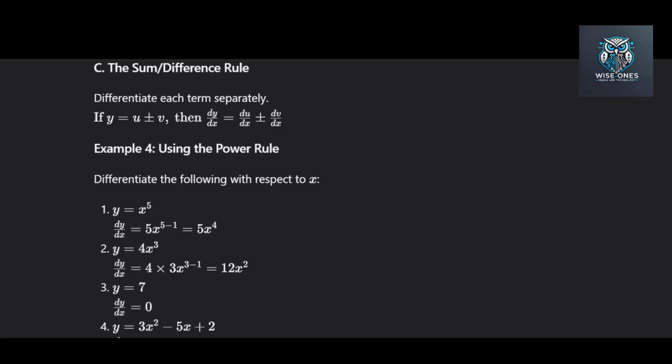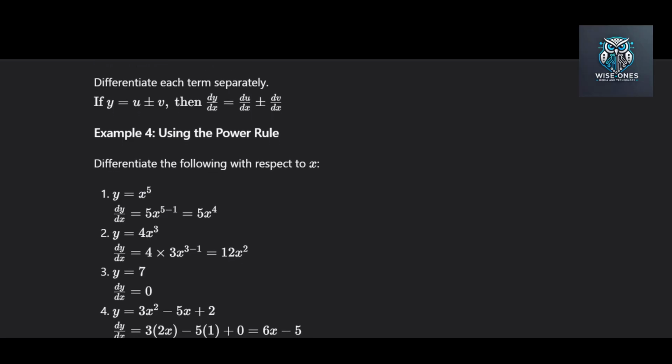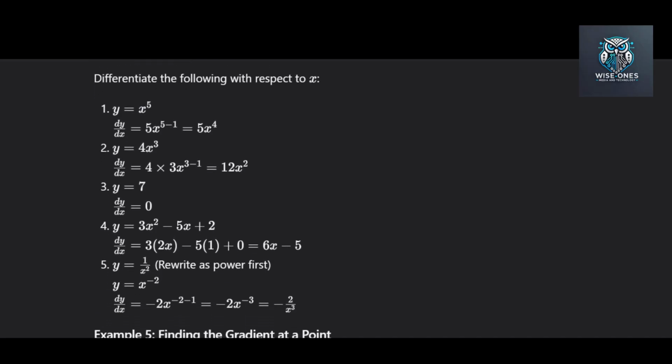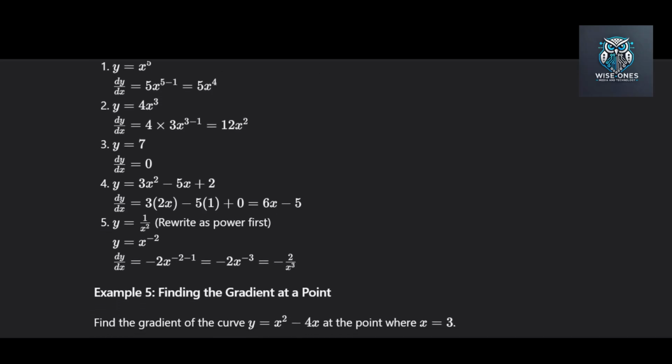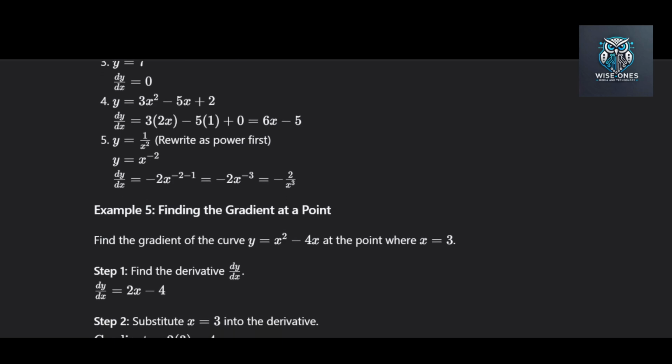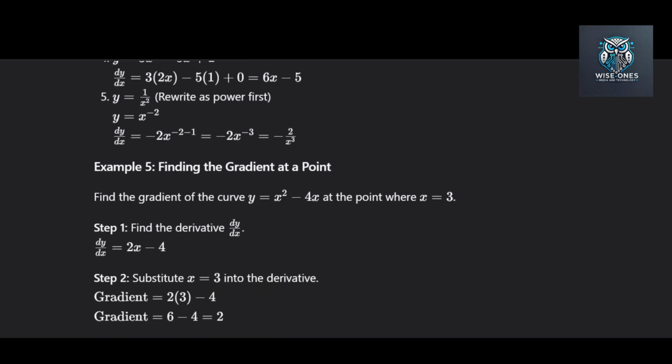So dy/dx equals 2x minus 4. Step 2, substitute x equals 3 into the derivative. We want the gradient at x equals 3, so we put 3 where x is in the derivative. Gradient equals 2 times 3 minus 4. 2 times 3 is 6. 6 minus 4 is 2. Answer, the gradient is 2.